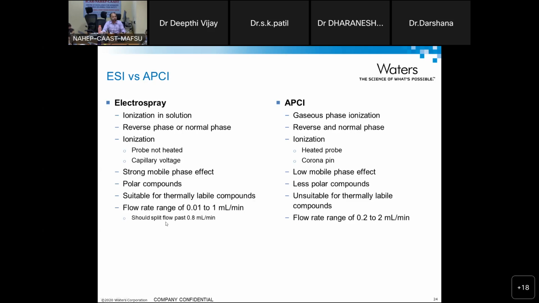Okay. Again, as electrospray applies a very high capillary voltage, you can use it generally at an LC flow rate of 0.1 to 1 ml per minute, and generally you should split a flow of more than 0.8 ml per minute, whereas APCI can be used at very high flow rates as compared to ESI.